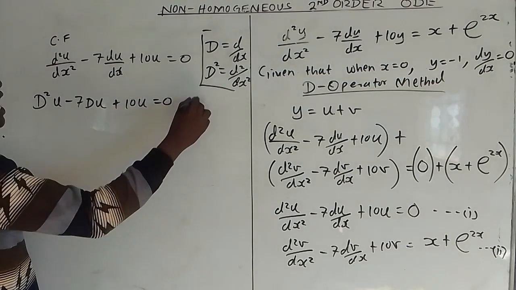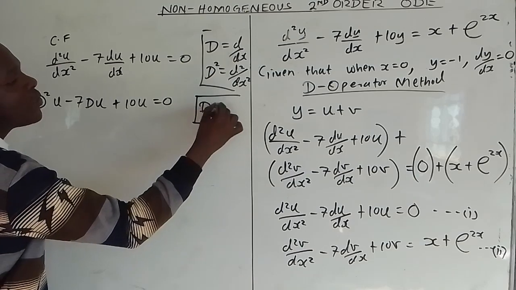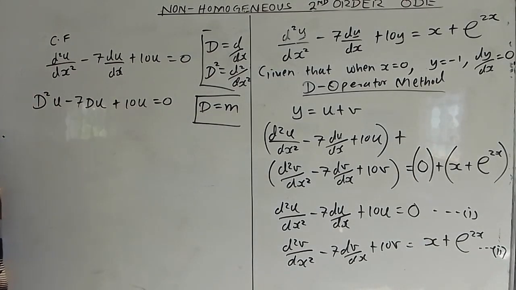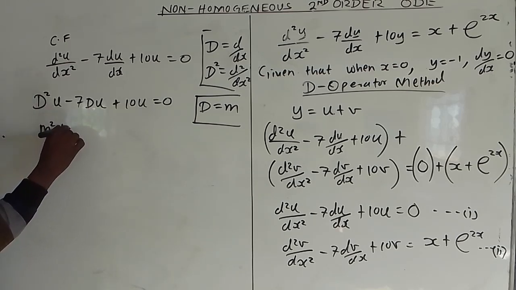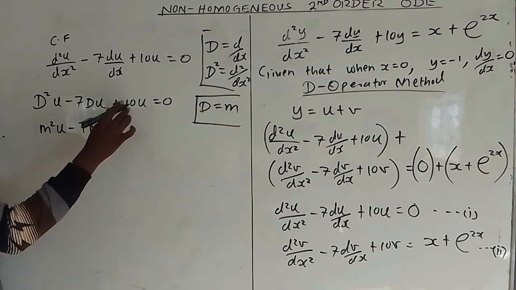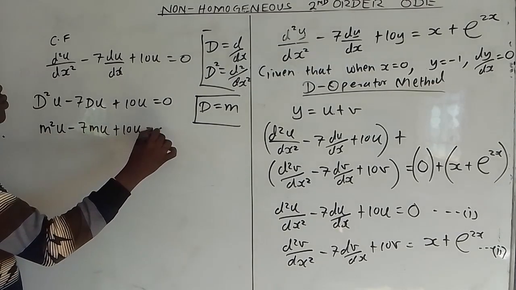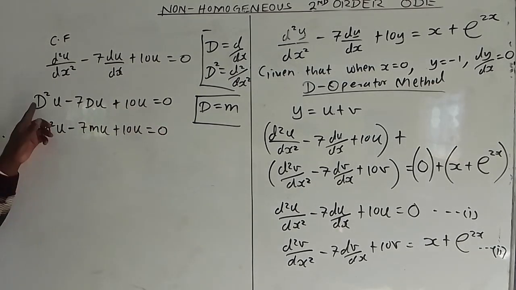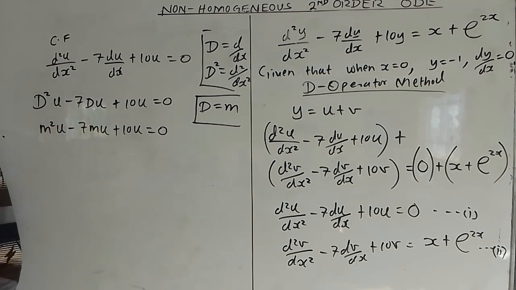Then after that, we substitute D with m to give us the auxiliary equation. Where there is D, you now put m, and you get m squared u minus 7mu plus 10u equals 0.